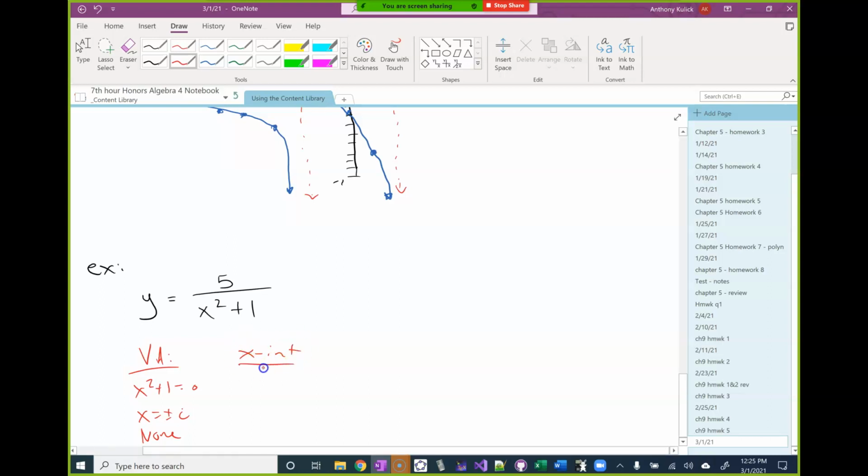If I try to find an x-intercept, well, 5 doesn't equal 0. If I set the numerator equal to 0, there's nothing to do there, so there's none of those. I have a y-intercept just at 0, 5.